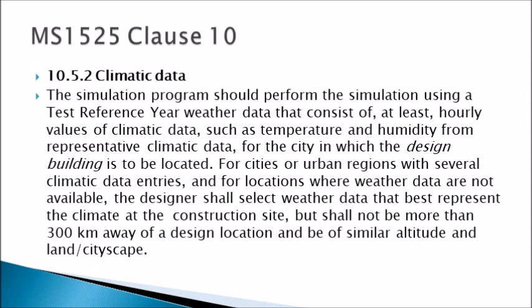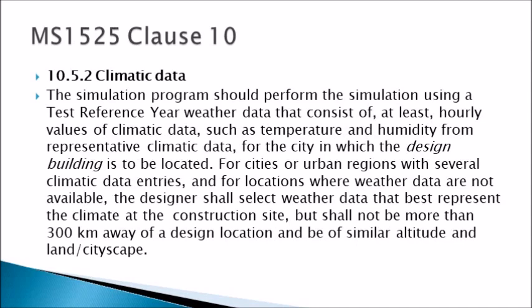One important thing is climatic data. So when you have your building and you want to design, say, a building in Kuala Lumpur, then the climatic data you use, you must choose the climate and the weather data from Kuala Lumpur. Okay, and the data should have the information of a test reference year weather data that consists of at least hourly values of climatic data.